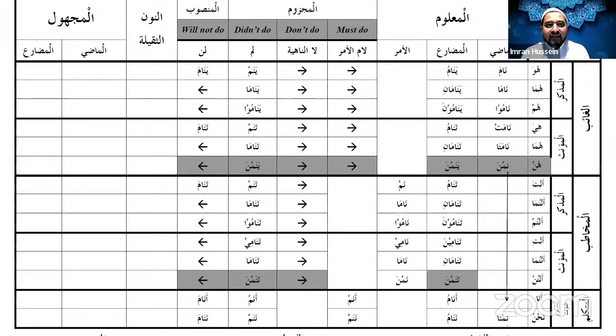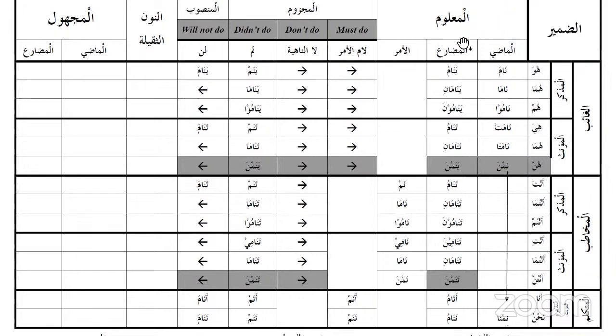Whenever the present tense comes with a fatha, now in yanamu, can you see the noon here in the present tense is coming with a fatha. If it comes with a fatha or a kasra, the past tense from this verb, hunna, the fatha changes to a kasra, becomes nimna.